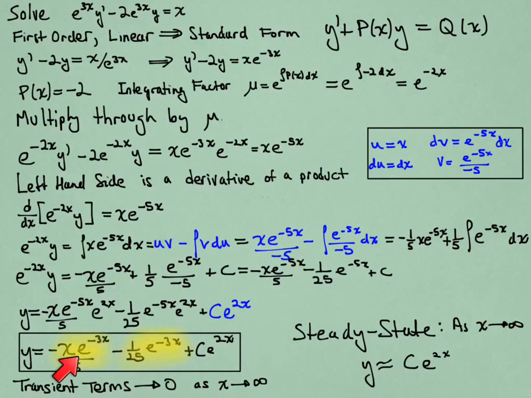So there are two terms that go to 0 as x gets large, and then the third term is called the steady state behavior of the system. My y value will look more and more like this function here. So that term that was attached to the constant turned out to probably be the most important part of the expression in the long run.